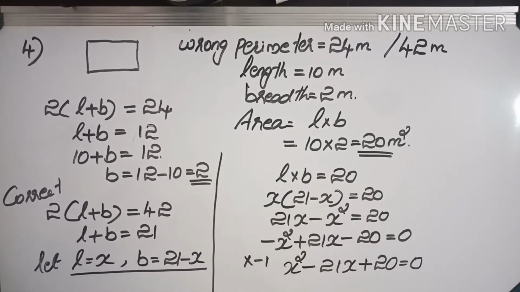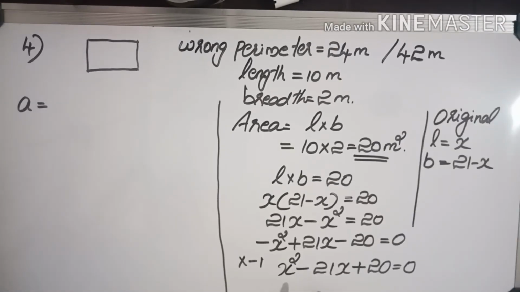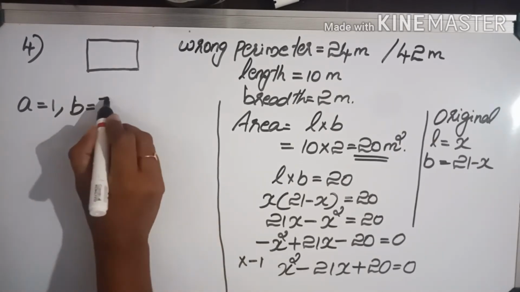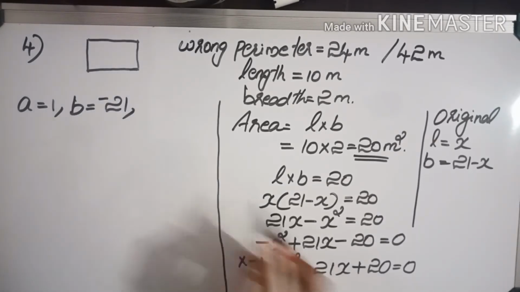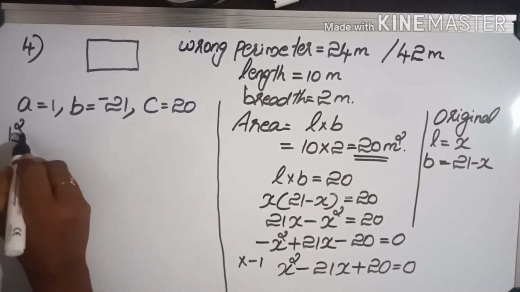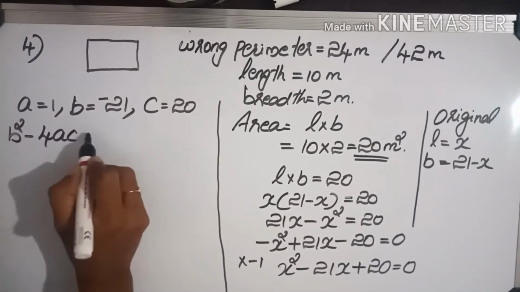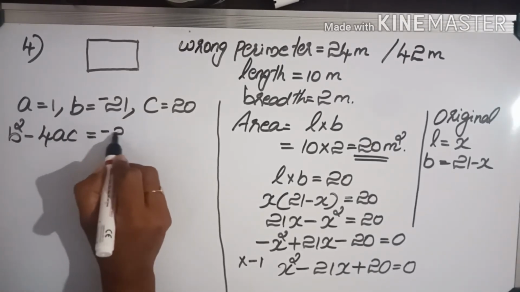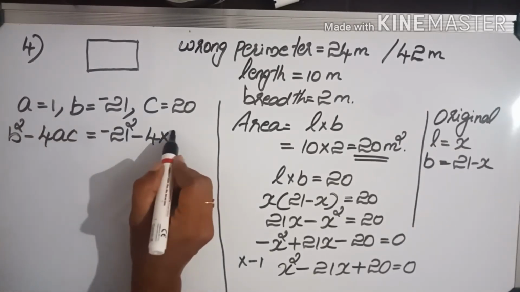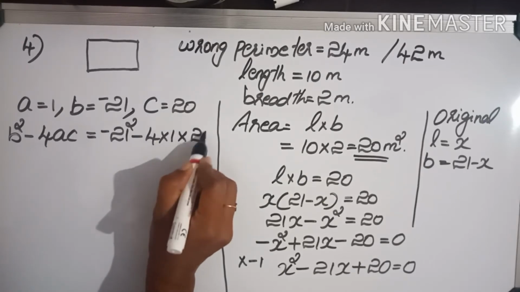Now we have to solve this and find the original length and breadth. Now from this equation, let's write a, b, c. First a, coefficient of x square, that is 1. So a equal to 1, b equal to minus 21, c equal to 20. Okay, next is discriminant, b square minus 4ac, that is equal to b square is minus 21 square minus 4 into a is 1 into c is 20.